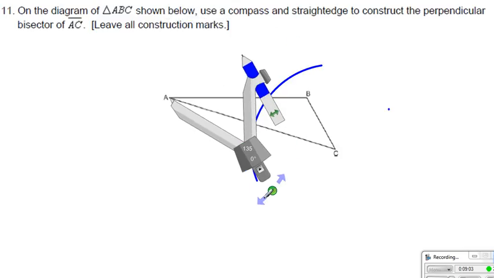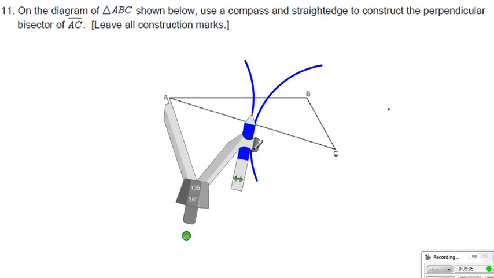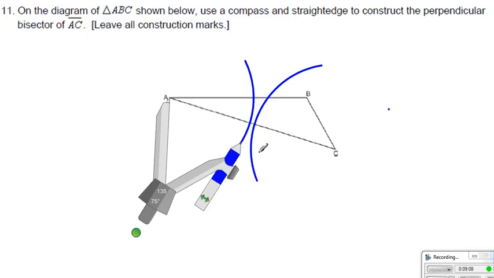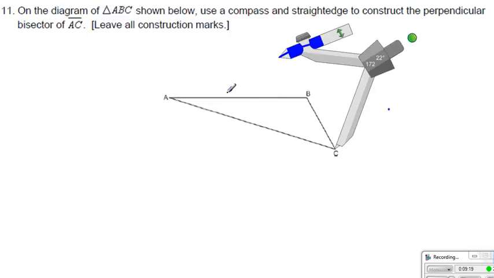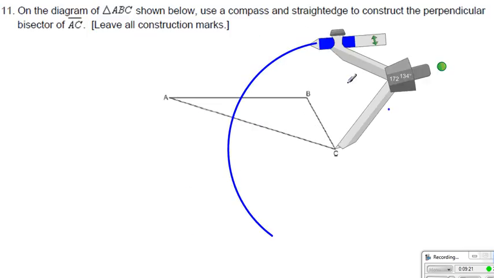Likewise, do the same without changing. Oops, I guess I went a bit too short. So what I'm going to do is I'm going to extend this one just a bit more and then draw an arc.